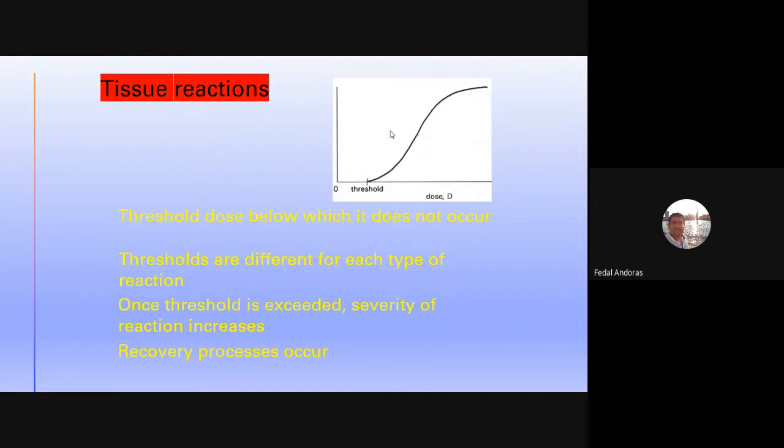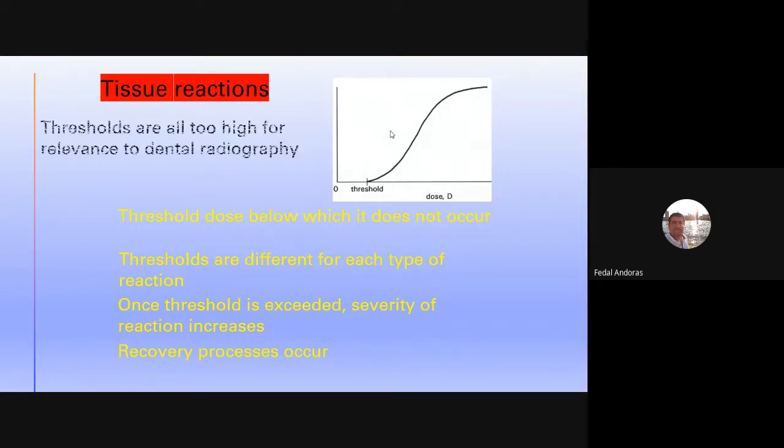Sometimes all these changes can happen, and there is a recovery process that will occur. And again, the recovery process might include: if the cell is dead, you cannot do anything for that. If the cell can be repaired, that's good. But if a mutation has started to occur, it's not good. But anyway, there will be some time or some sort of recovery. This is about tissue reaction.